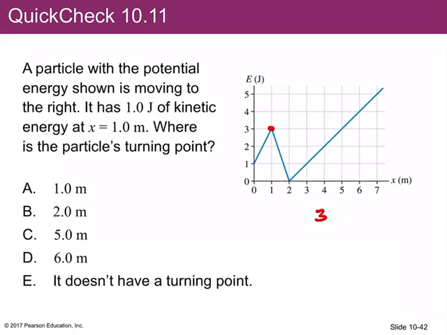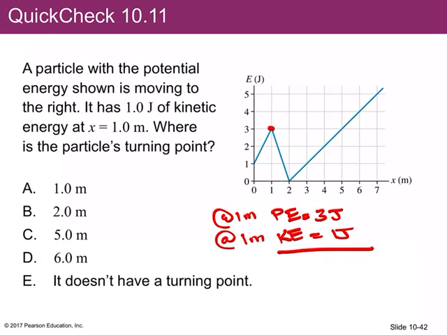If this right here is 3 joules of potential energy at 1 meter, and at 1 meter it has 1 joule of kinetic energy, then the total energy is what? 4 joules.